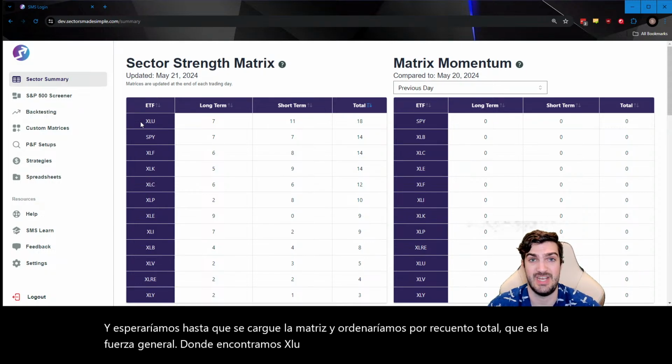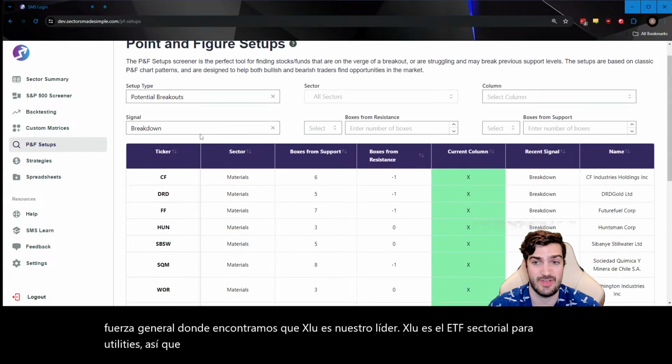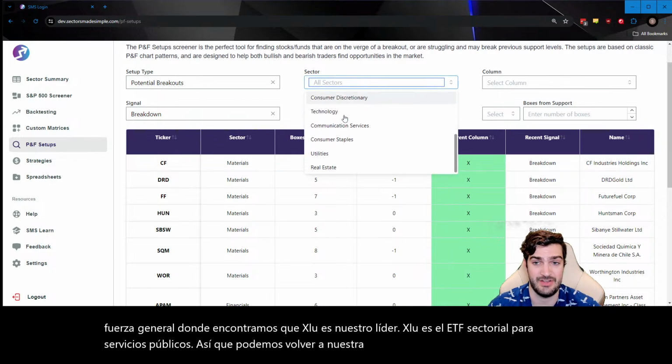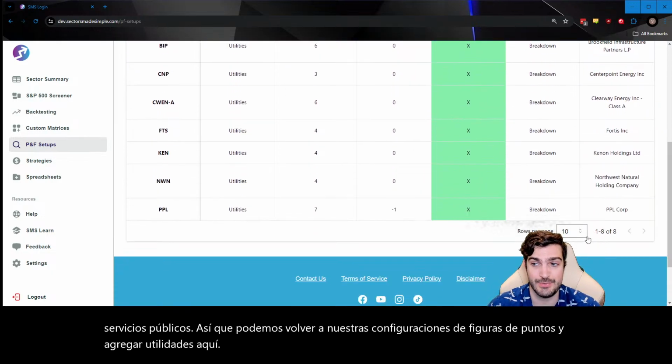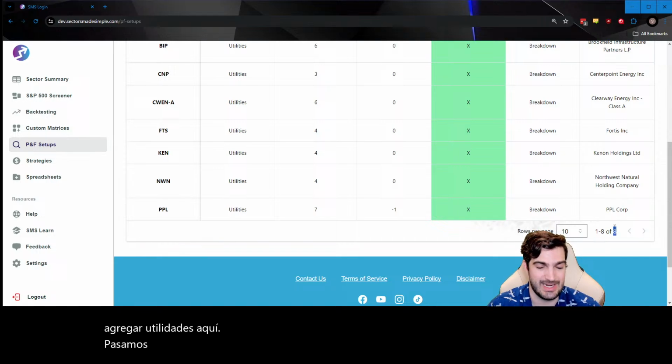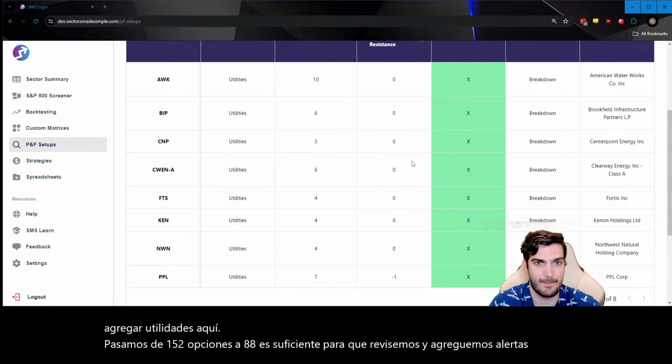XLU is the sector ETF for utilities. So we can go back to our point and figure setups and add utilities here. We went from 152 options to 8. 8 is enough for us to go through and add alerts for these different setups.